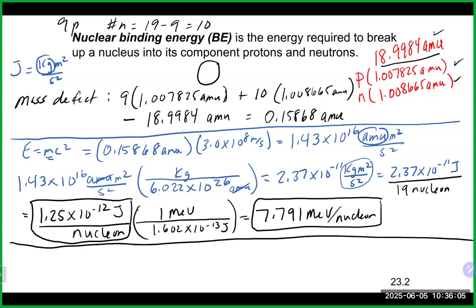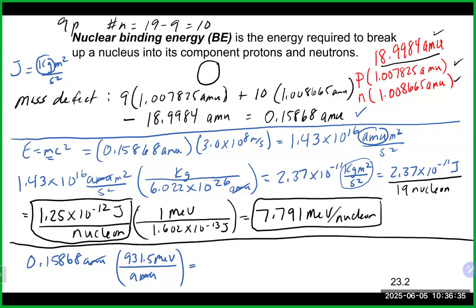Now, if you did not want to use Einstein's equation, you could have picked it up from here, where we had our AMU, and you could have just rolled with those conversions that we had on the previous slide. We could use our mega electron volts, which is 931.5 mega electron volts per AMU. AMU would cancel.